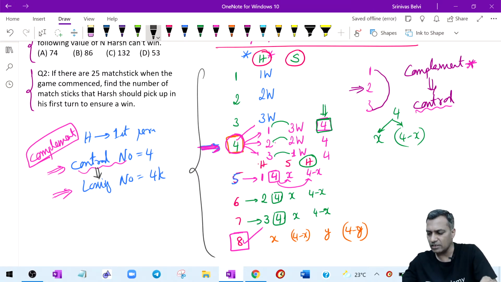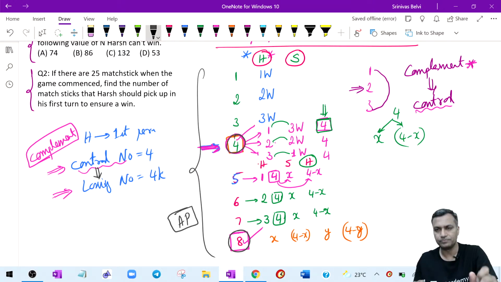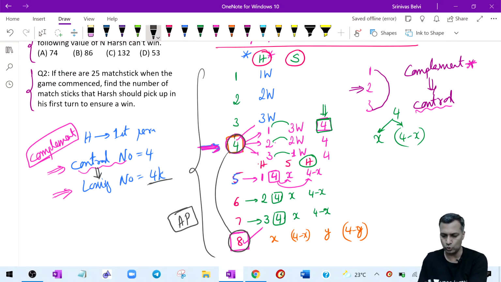Kishan, you are saying the pattern is not clear. What pattern is not clear? I wrote only two terms, 4 and 8, but I made a comment saying that losing numbers are always in arithmetic progression, not control numbers. Losing number is generally an AP.